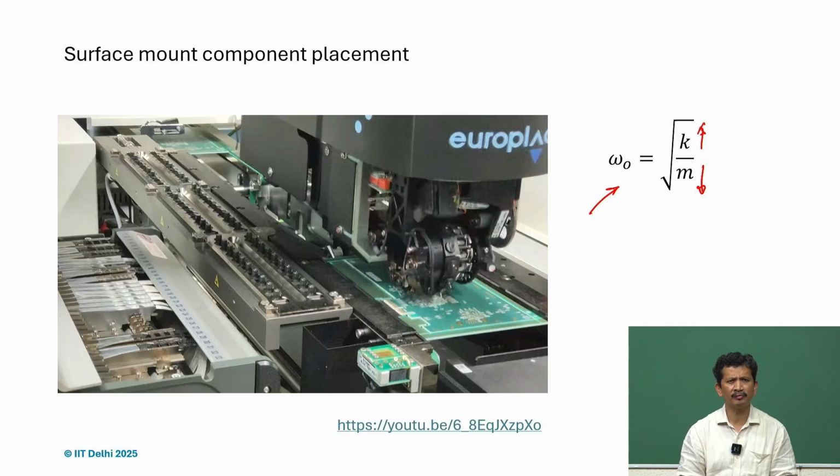So, we try to optimize, we try to use less material, high strength materials, materials with high E values, but at the same time we configure it in such a way that we get a very high k, so that ultimately we can get high omega 0, and we can get a very good dynamic performance.